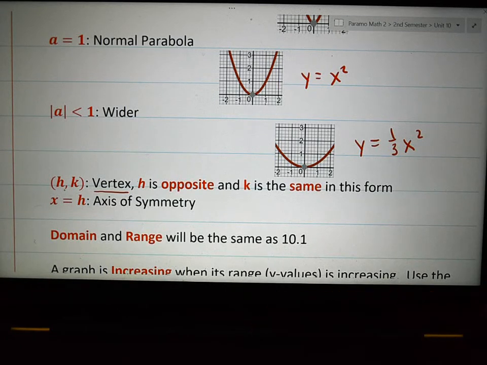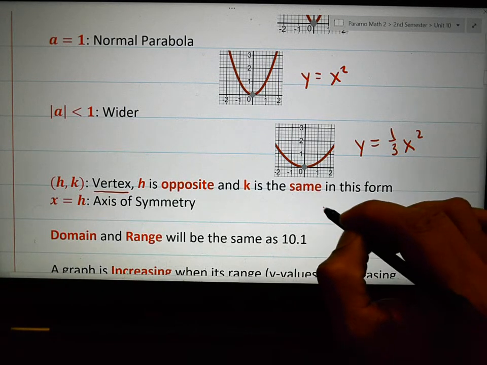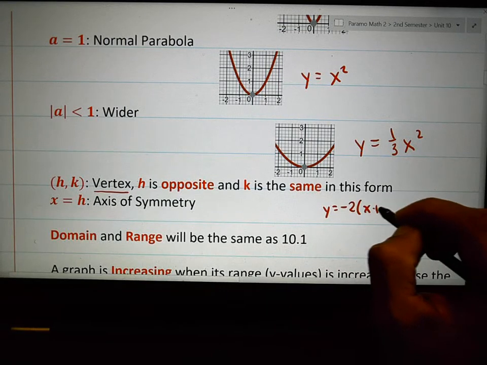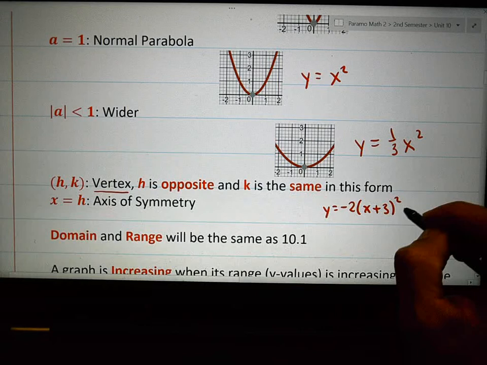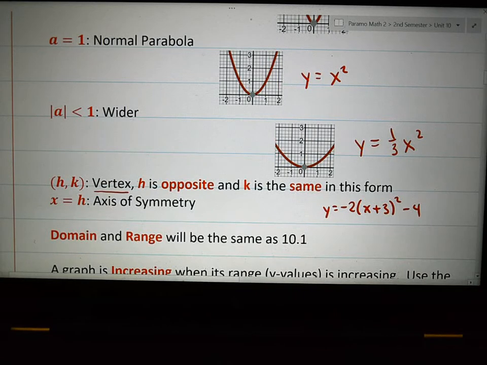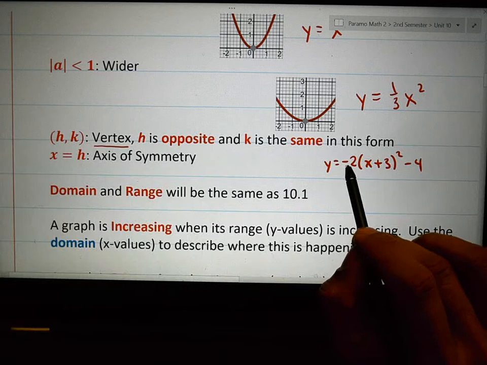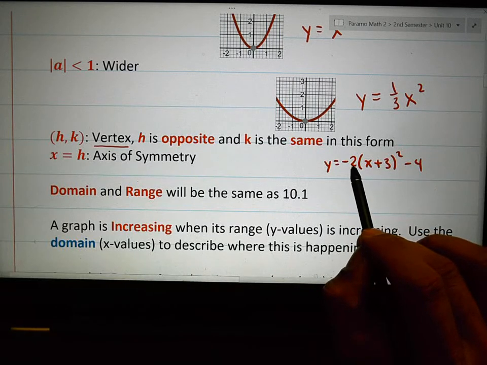So when you're dealing with an equation like y equals negative 2 times x plus 3 squared minus 4, you know that it's negative 2, meaning opening down. You know that it's narrow.